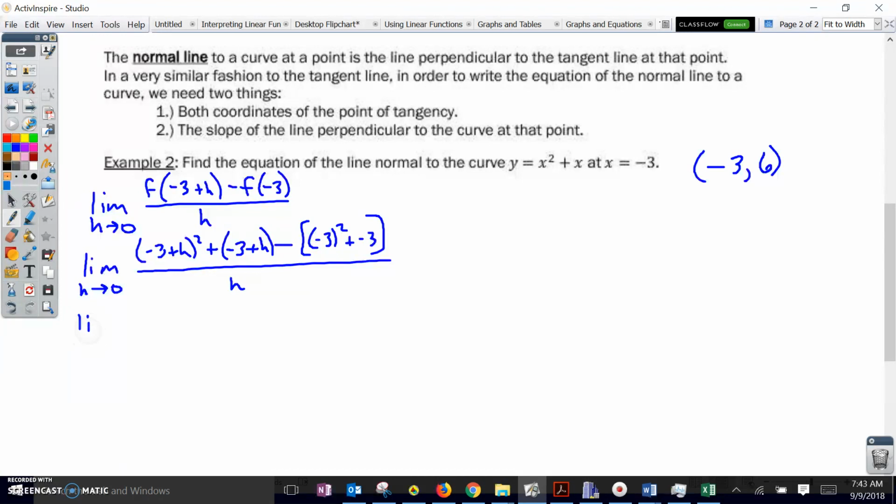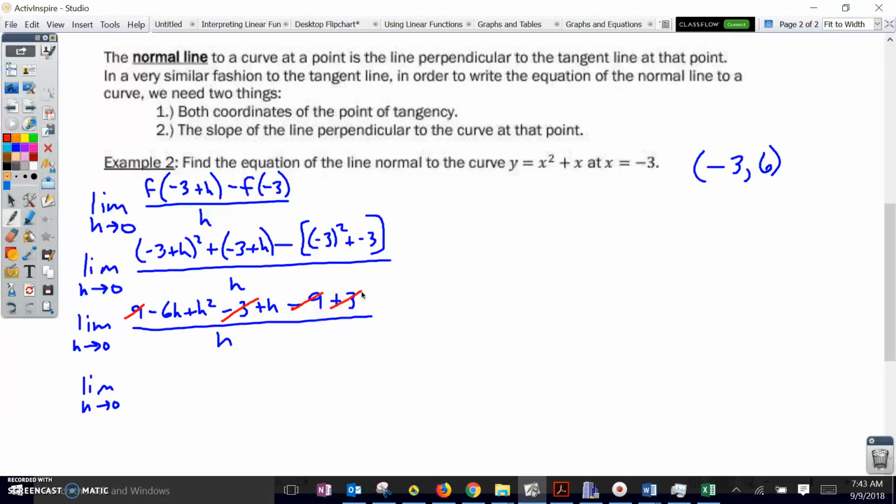And now I've got some algebraic work to do. This is going to be 9 minus 6h plus h squared minus 3 plus h minus 9 plus 3 all over h. And a few things are going to cancel out for us here. This 9 and the minus 9 cancel each other out.